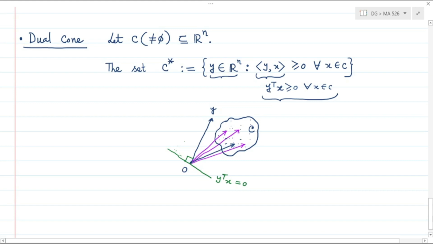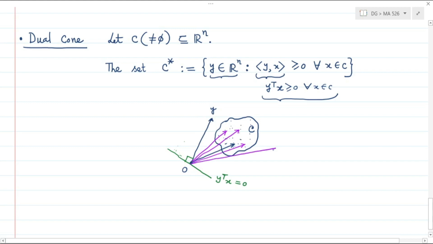Because here the inner product is greater than or equal to 0. By that, obviously the angle between x and y can be between 0 and 90 degrees. And therefore obviously in the figure this y that I drew is a possible candidate, because the set of all directions in C are within this extreme.